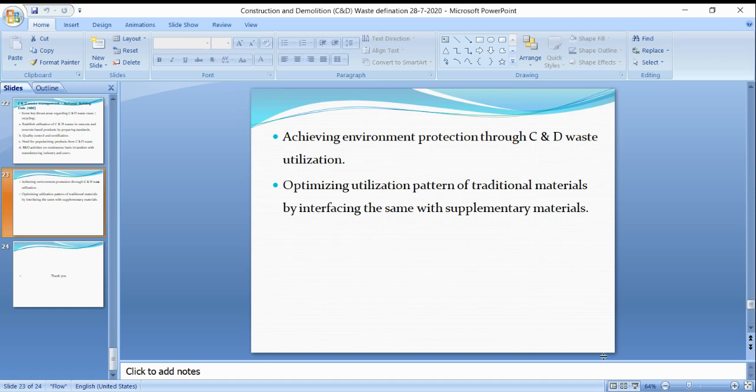So if you reduce concrete, we have seen 65% of the concrete is generally getting into the waste. So if you reduce the concrete, then it will be useful for the environment, pollution free, you can say.